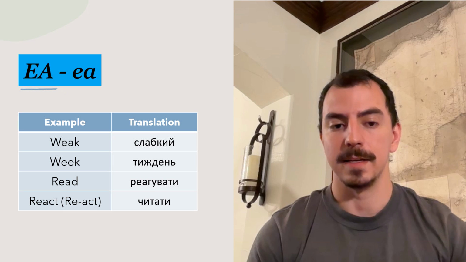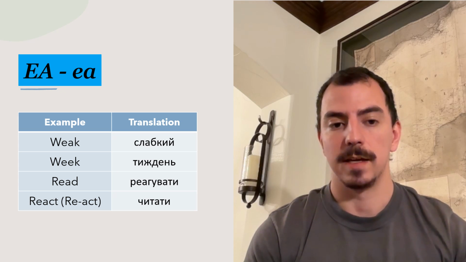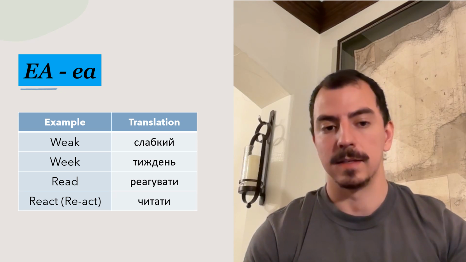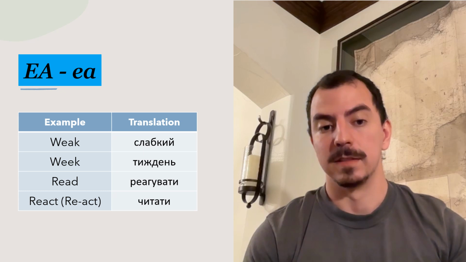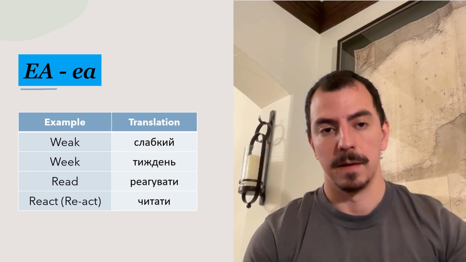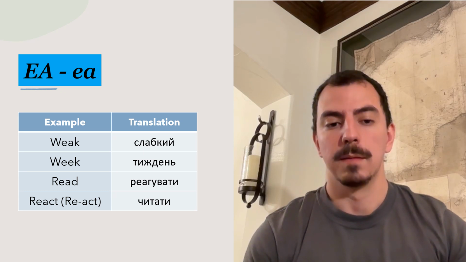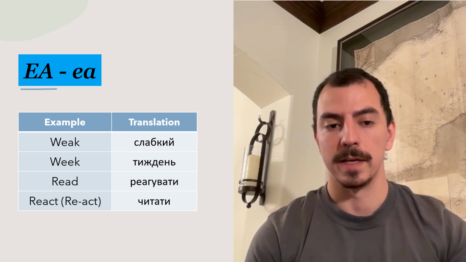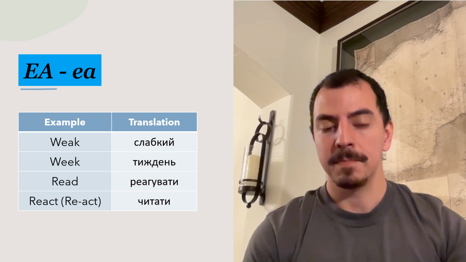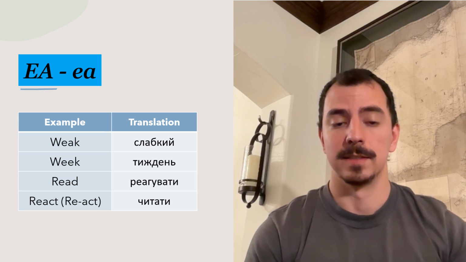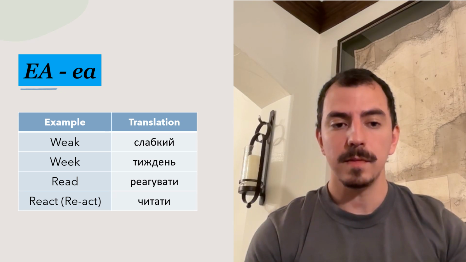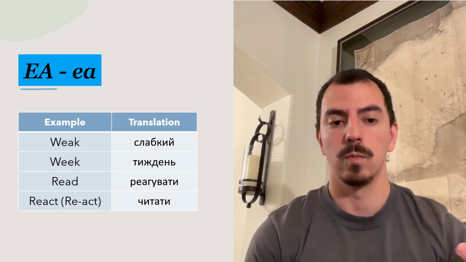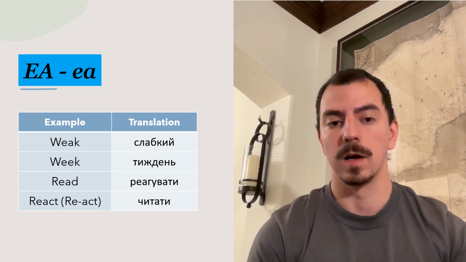R-E-A-D is pronounced as red if it's past tense, and reed if it's future tense or present tense. The present tense is the outlier, so usually R-E-A-D would just be pronounced as reed. There's also a word R-E-E-D. It's a plant, and that's pronounced as reed as well. Usually, if you want to say red, it'd be spelled like the color, R-E-D only.